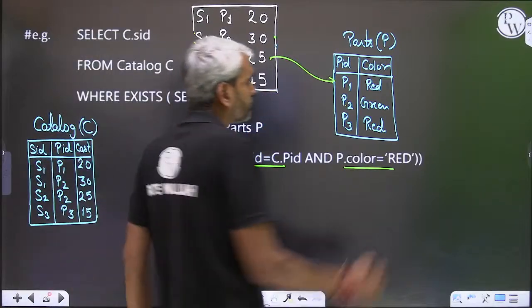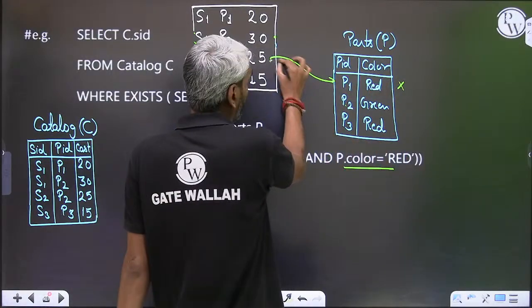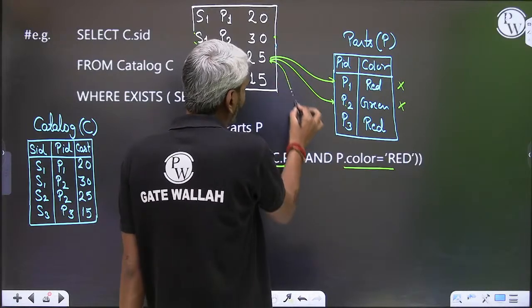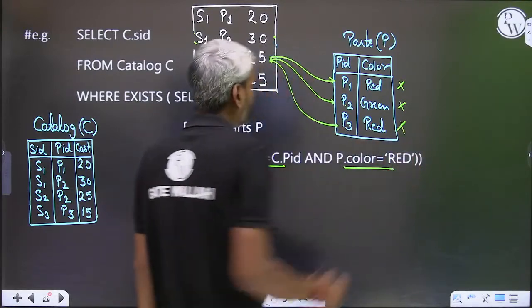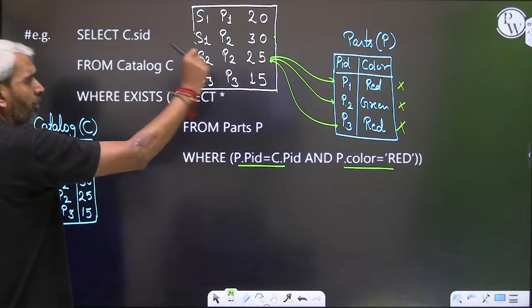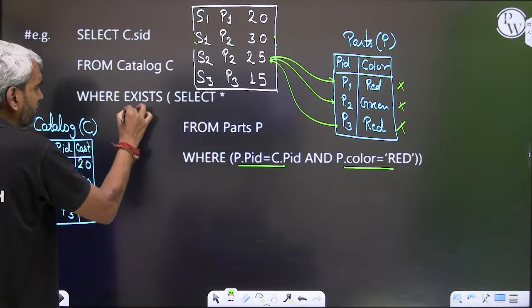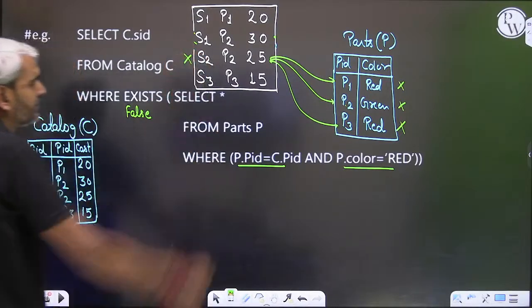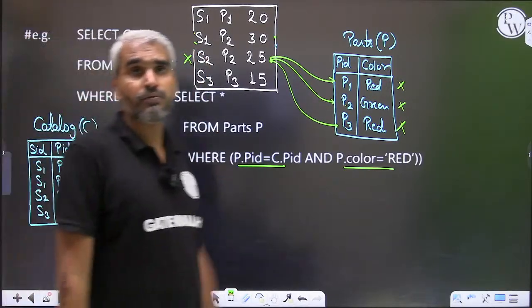P2 is not equal to P1, therefore it will not get selected. P2 equals P2, but color is not equal to red, therefore it will not get selected. P2 is not equal to P3, therefore the third tuple is also not selected. So for the third tuple of the catalog table, also the inner query result is empty, therefore exists will return false and the third tuple will not get selected.